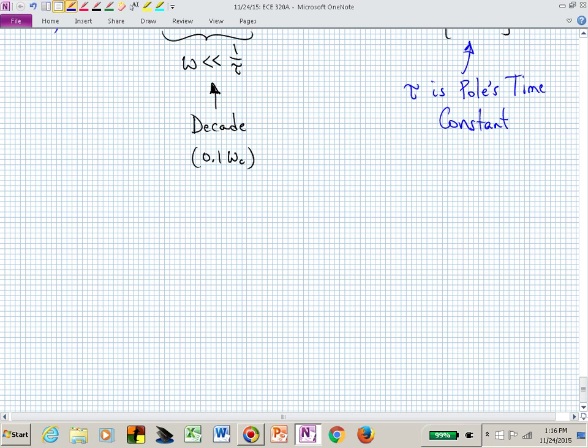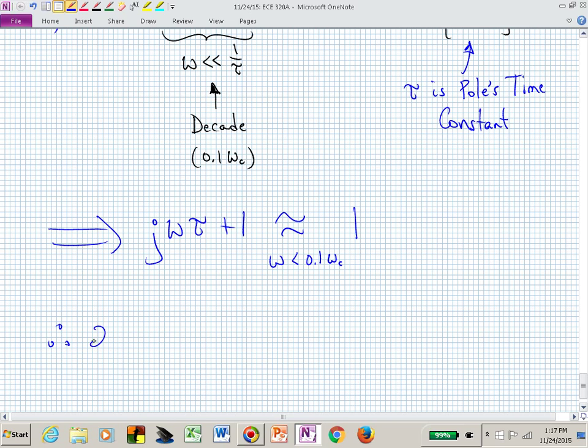At this extreme, j omega tau plus 1, when omega is less than 0.1 times the break frequency, or a decade before the break frequency, we can approximate that complex expression to just be 1.